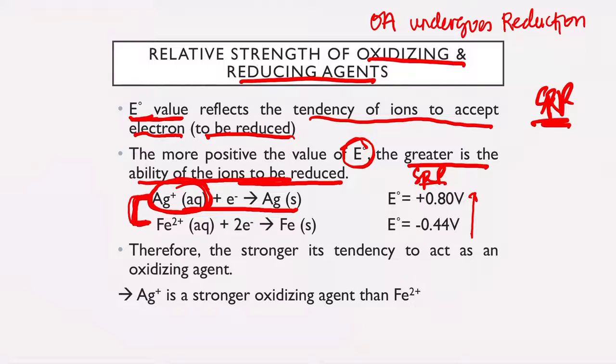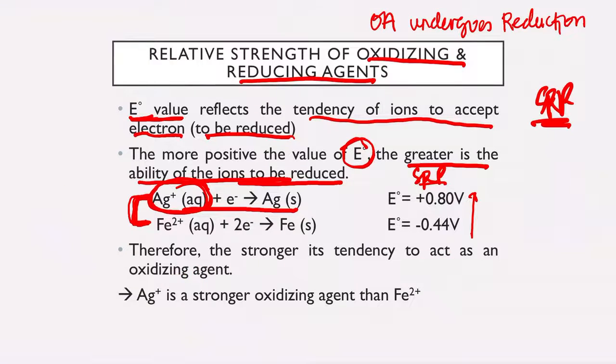Okay, while iron will become the reducing agent. Maksudnya it will undergo oxidation. Dia pula yang bantu silver to undergo reduction. Okay, so the stronger its tendency to act as an oxidizing agent.